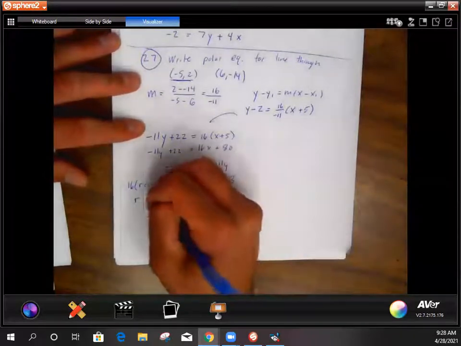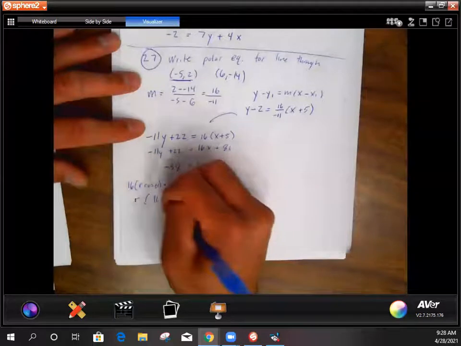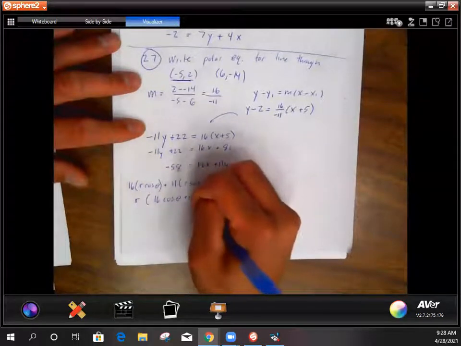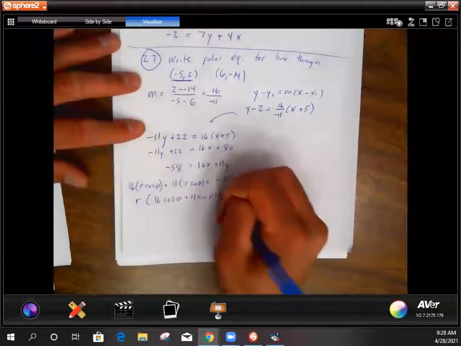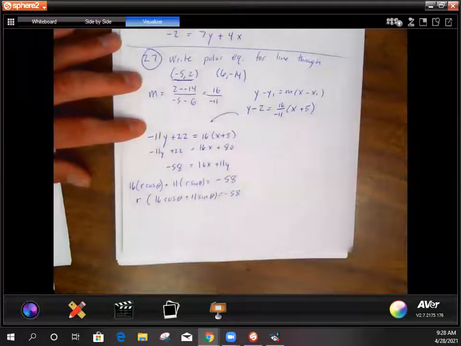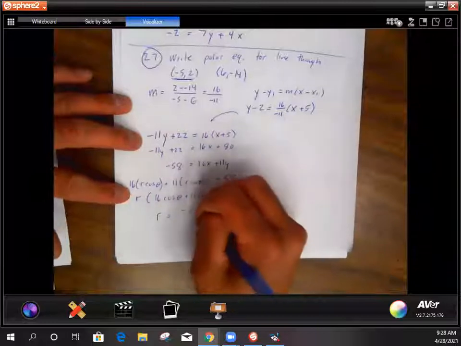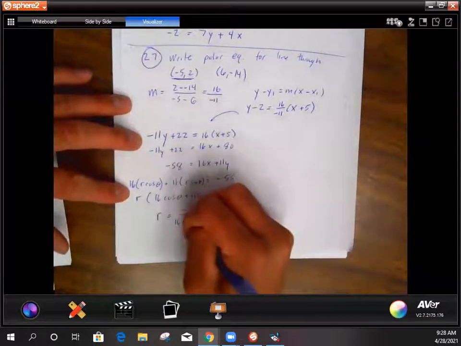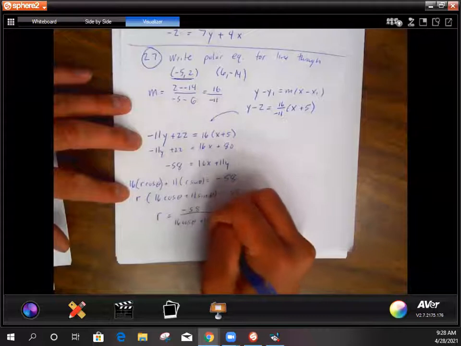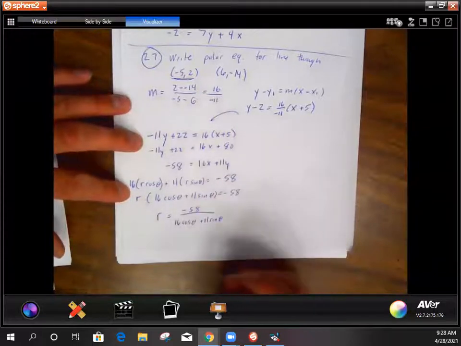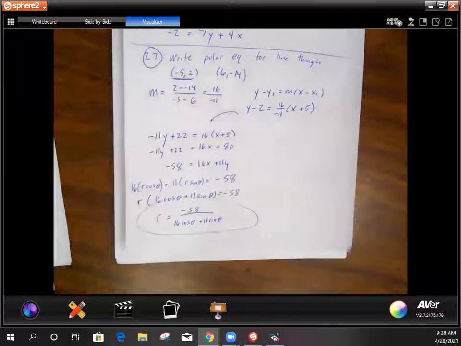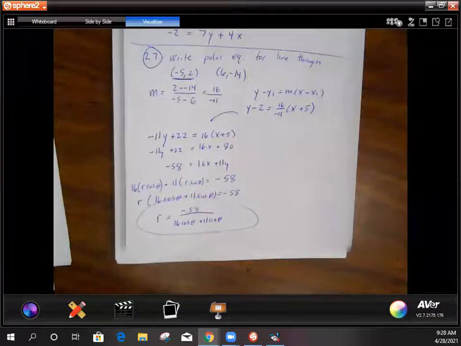So r times 16 cosine theta plus 11 sine theta is equal to negative 58. And then get r alone by dividing everything by 16 cosine theta plus 11 sine theta. And there it is. It's not really considered done in polar form unless you have r by itself, like r isolated. All right, so that's 27.